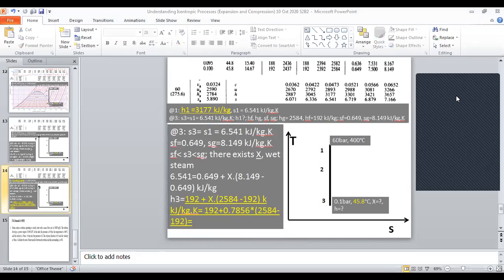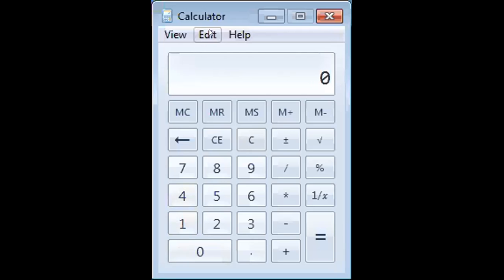I will try to copy this to the calculator. A little issue here.